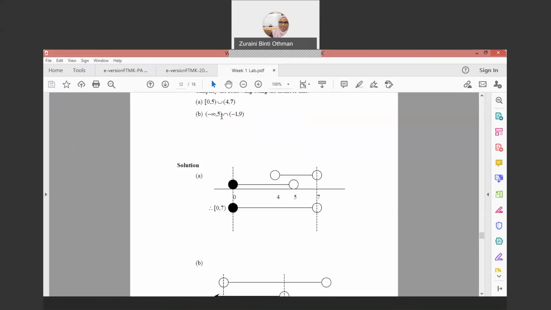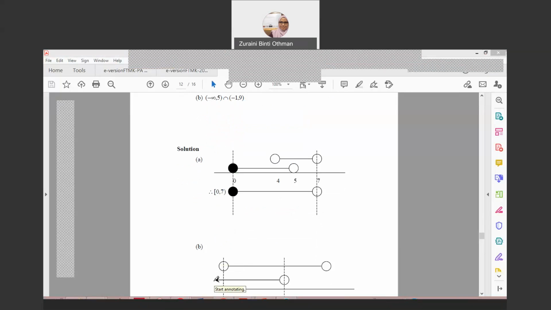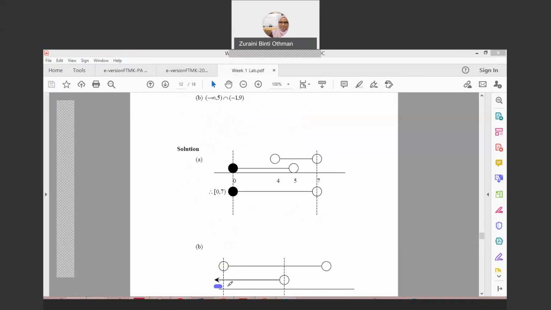Okay, so number 2, B. From negative infinity until 5. Okay, so the second one is from negative 1 until 9. Okay, so the symbol here is intersection. When it is intersection, kita cari area yang bertindan sahaja.